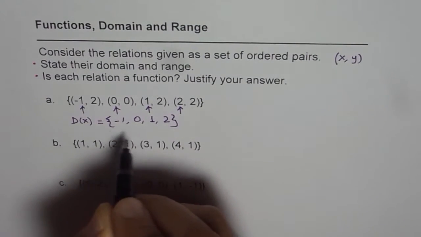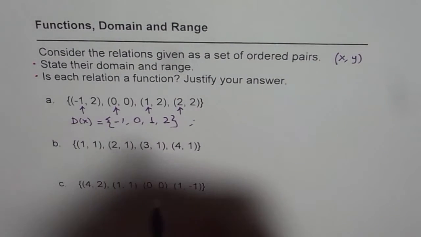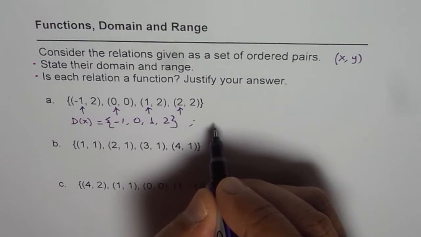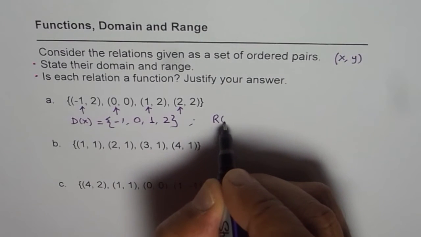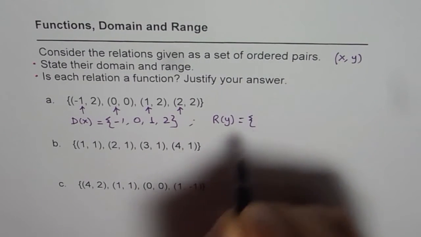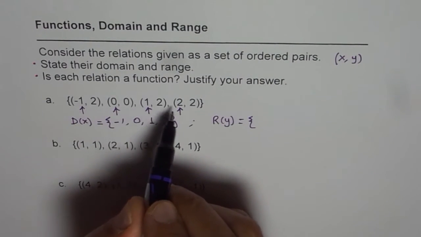These form the domain for the given relation. Range is the set of y values, the elements in the next group, the dependent variable. So range y is equal to the y values 2, 0, 2 and 2.